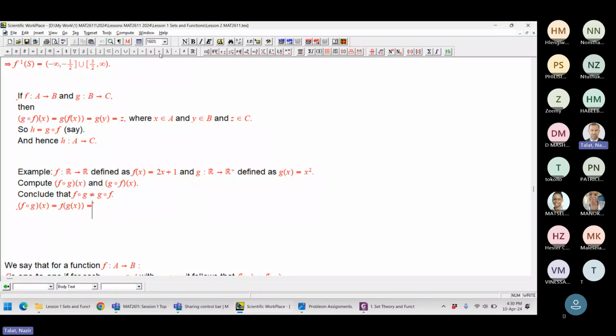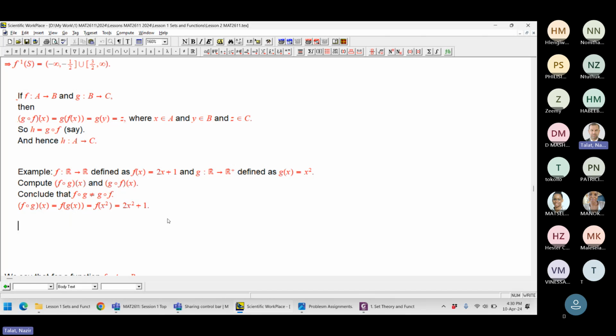For any x coming from the set of real numbers, we apply g first, which gives us x square, because g of x is equal to x square for each real number x. Now if we apply f on x square, since f of x equals 2x plus 1, it becomes 2x square plus 1. So this is basically f of g of x.